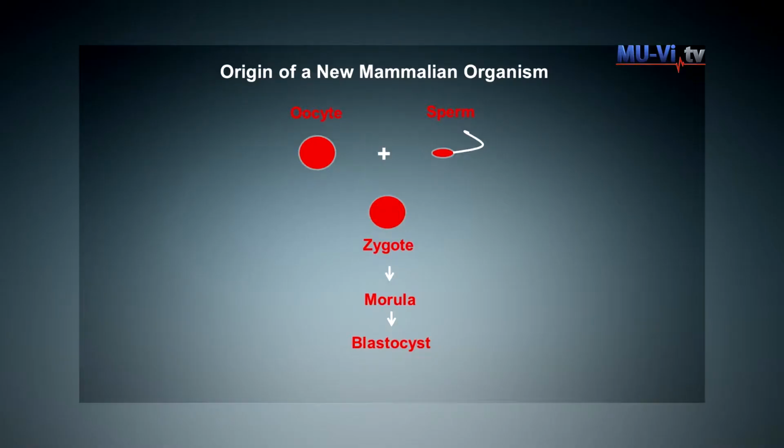A zygote arises, which is diploid, and this zygote starts to cleave. And the next stages are morula and blastocyst.